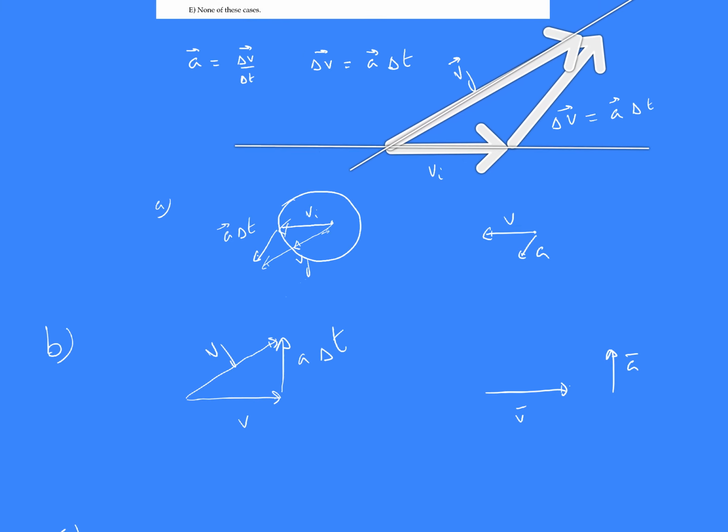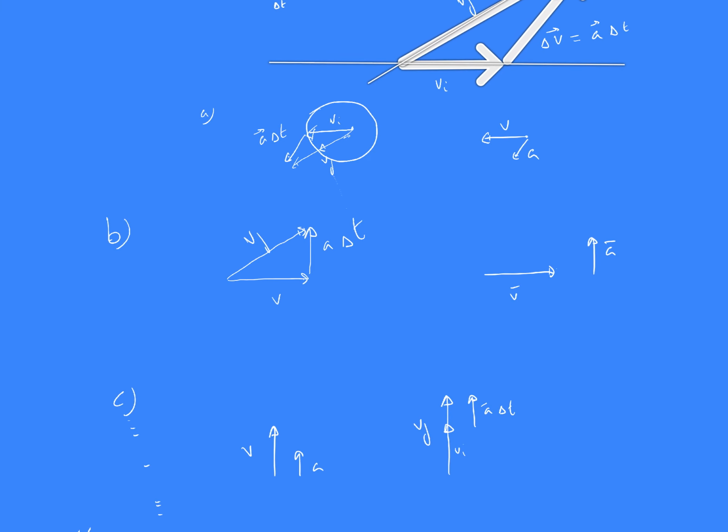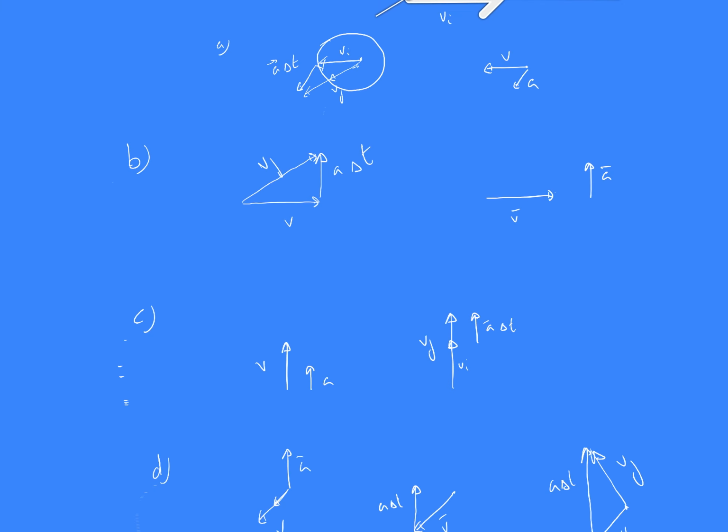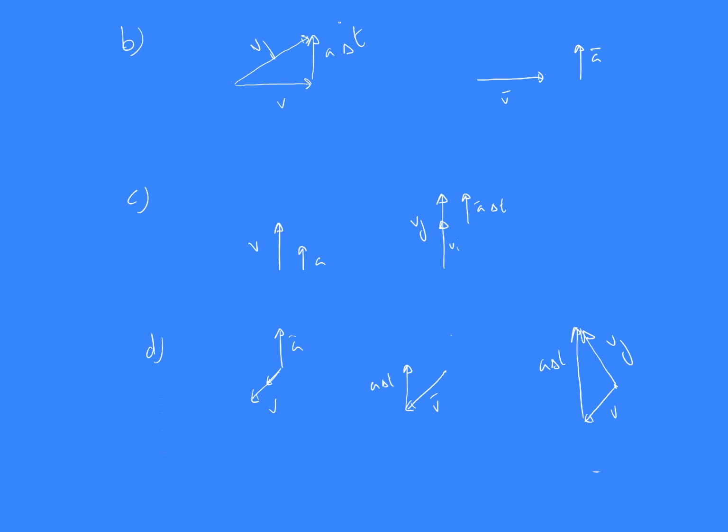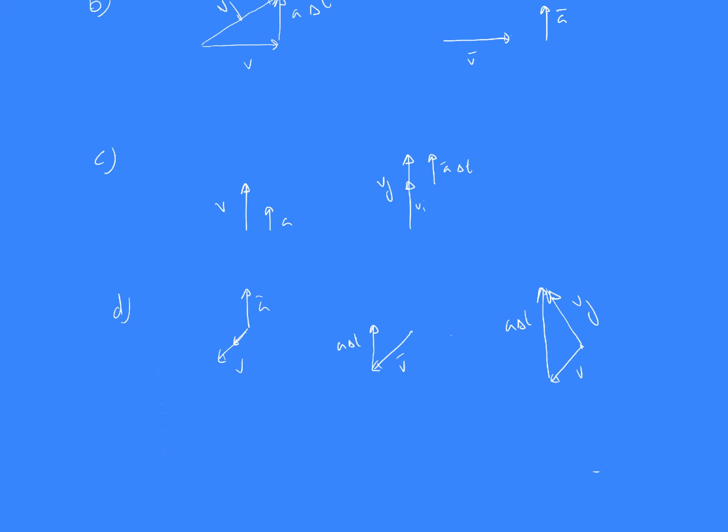Let's leave the case B for the last part of the problem. So in the case C, the v is in this direction, the a is in this direction. The acceleration will produce a change in the velocity. A times delta t will go in this direction because you amplify the vector by the factor delta t.